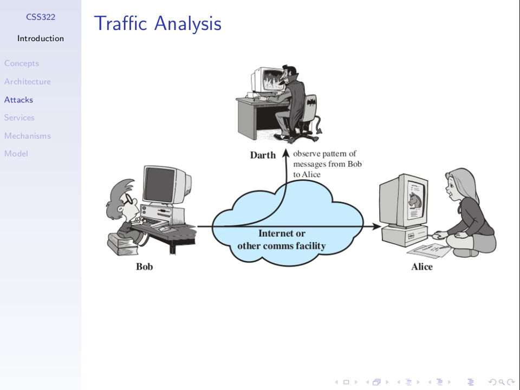So that's an example where you cannot see the contents of the messages, but you can see that there are messages being sent and make some analysis and form some conclusions based on that analysis. Still a passive attack.